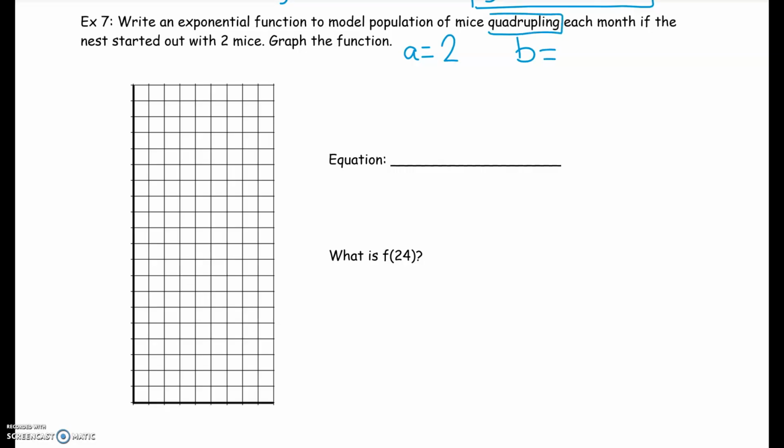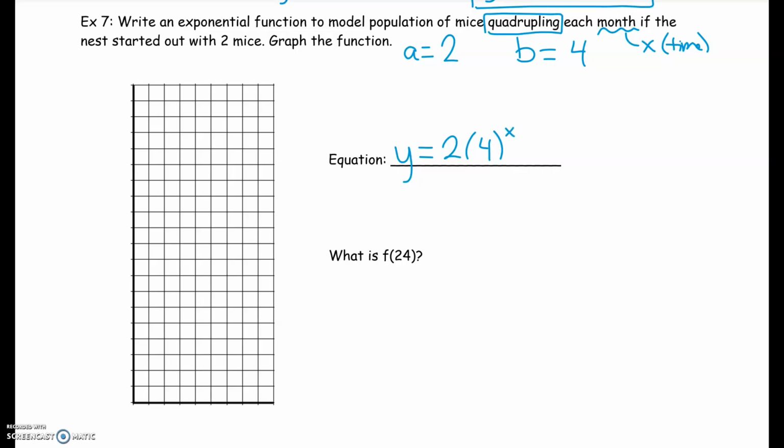It's quadrupling each month. Quadruple means 4, multiplying by 4 every single time. And this months part, that's going to tell us our time, which is our x value, how often it's happening. So our equation will be y equals 2 times 4 to the x power.